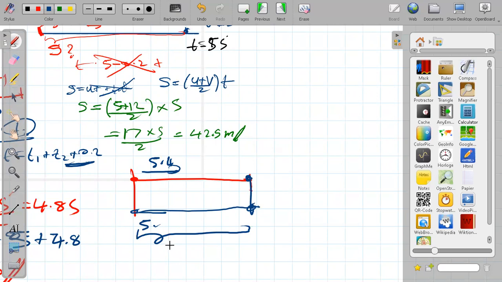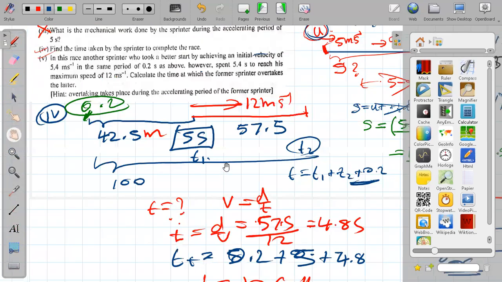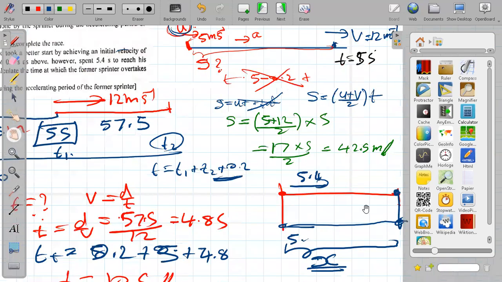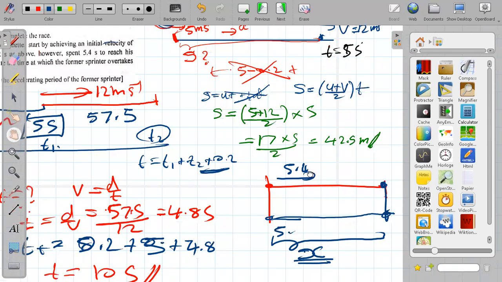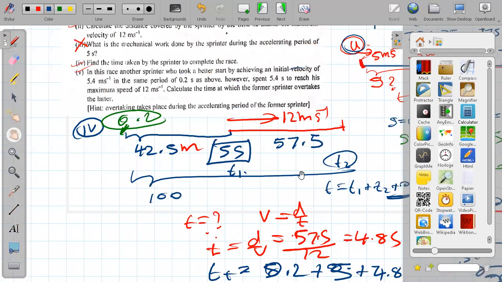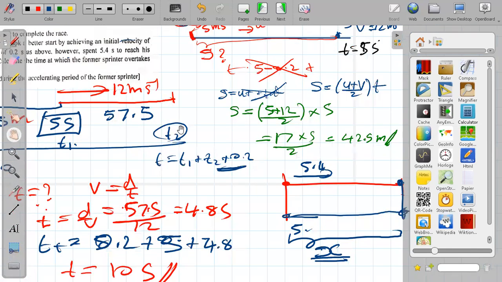What is it? The displacement x is common for them, right? Because both of them have traveled the same distance when one overtakes the other.